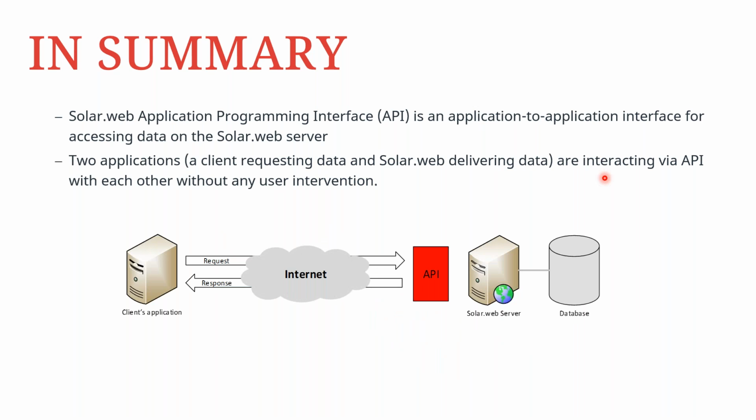Again, in the detailed example, the client will do the request through the API to the SolarWeb servers. From there, the database will process that data and then export it back as a response to the client's application.